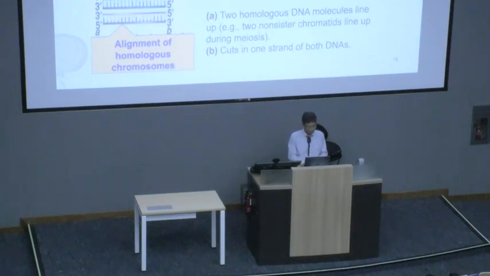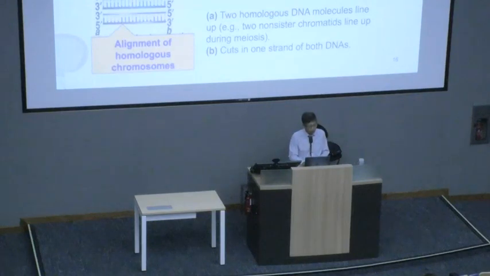And then you look at the strands here, and there's a 1, 2, 3, 4, right? It is not the same. The number 1 and the number 2 are sister chromatids. Number 3 and number 4 are also sister chromatids.